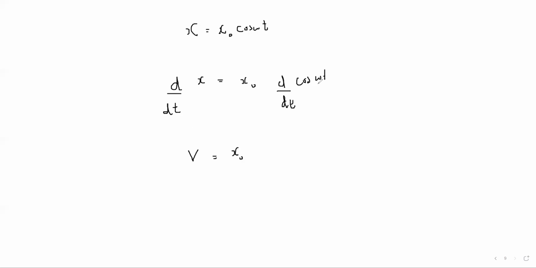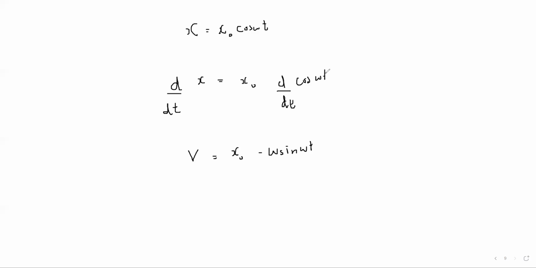What is the derivative of cos omega t? Negative sine omega t, but it will be minus omega sine omega t, because we are taking a derivative with respect to t. So first the chain rule will apply, and we'll take out omega.